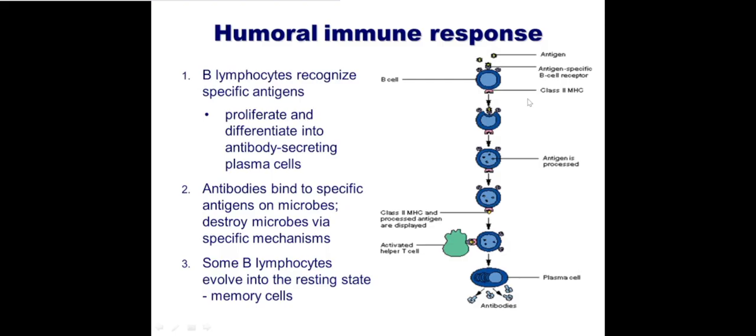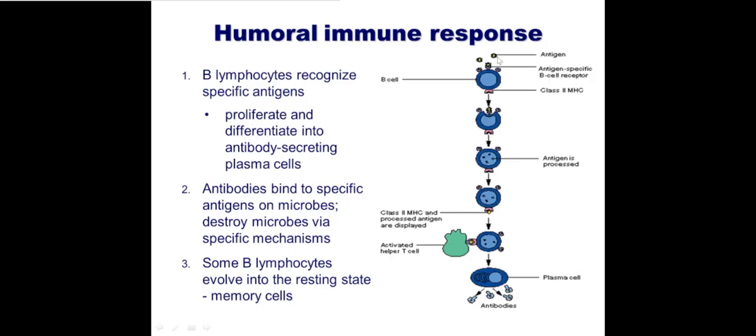See the diagram. This is the antigen, right? This antigen has peptides, right? This is the B cell. This B cell has class 2 MHC. This class 2 MHC recognizes this antigen, whether it is self or non-self.